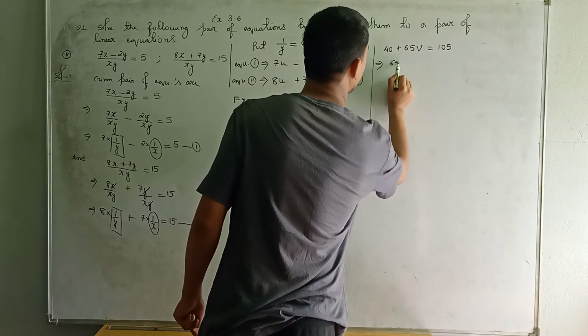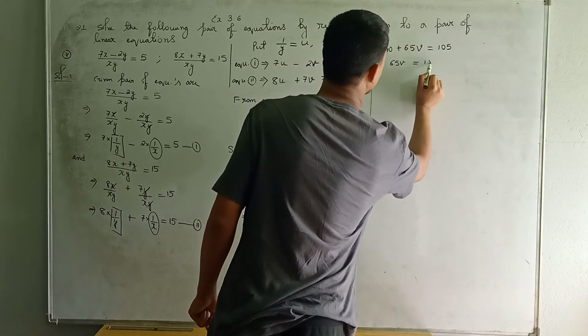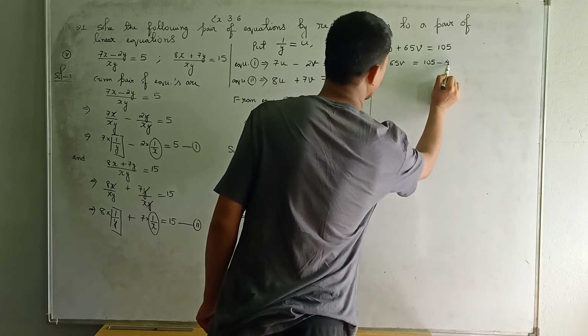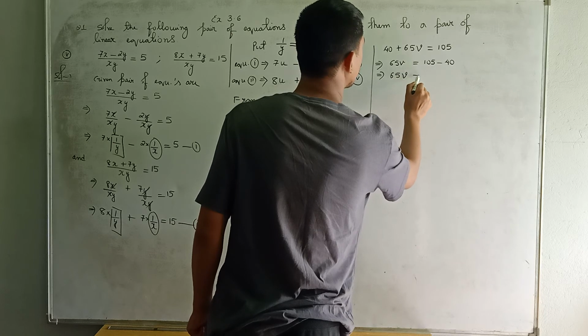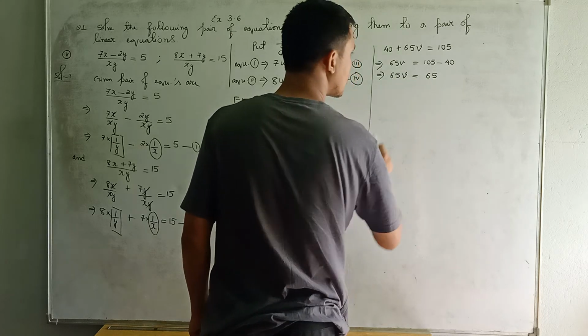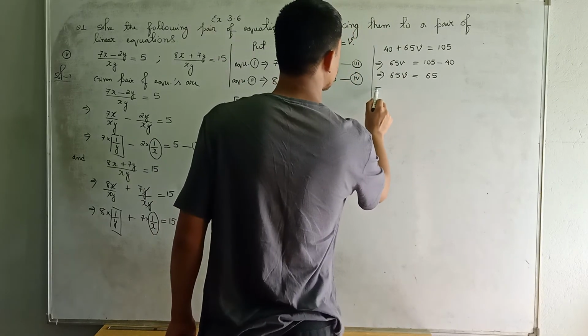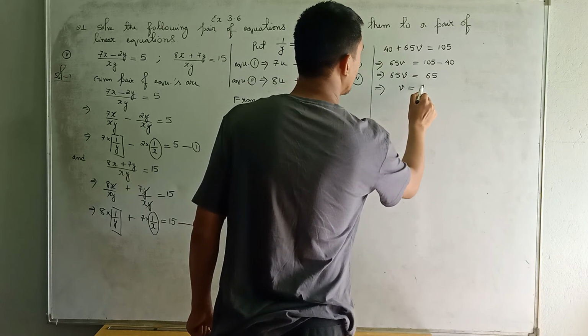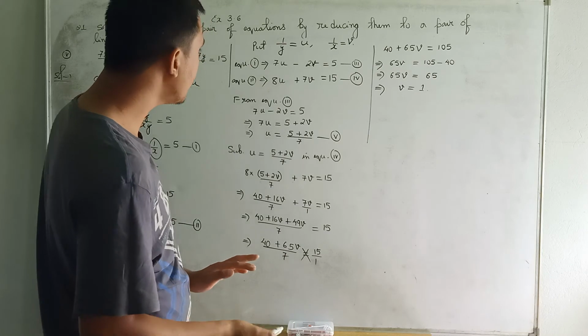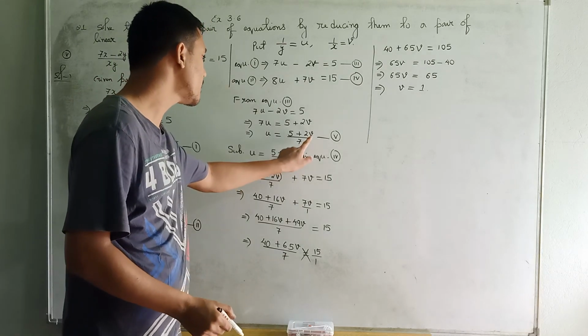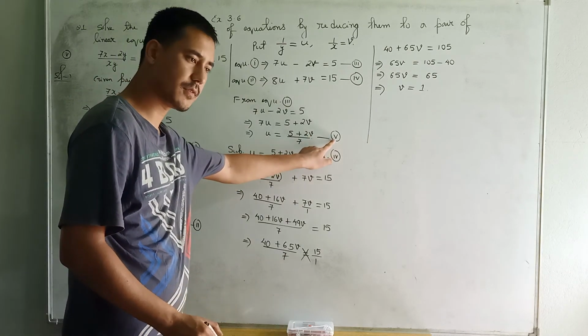So 65v is equal to 105 minus 40. So 65v is equal to 65. So your v is equal to 1. Very simple. v is 1. Then let me find u by substituting v over here, equation 5.